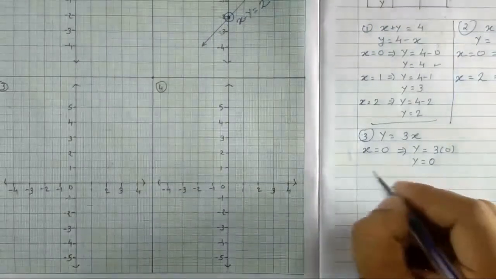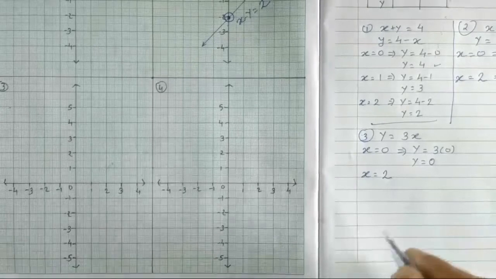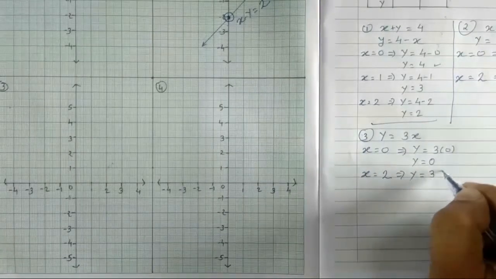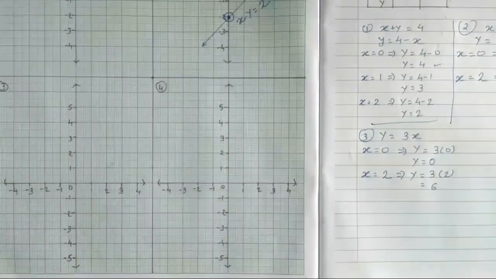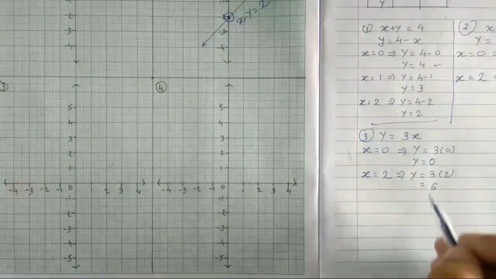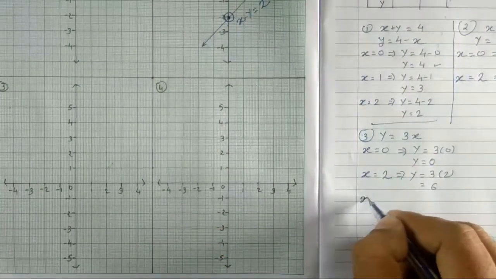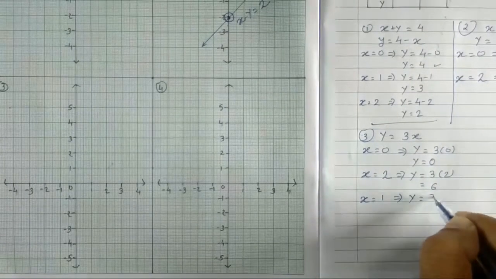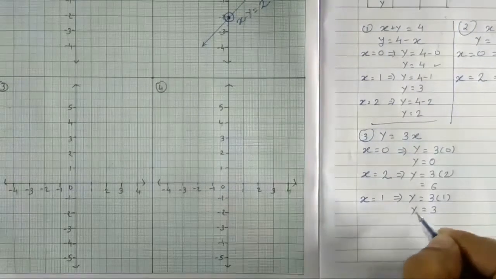Now if x is equal to 2, at that time the value of y is equal to 3 into 2, that's why y is equal to 6. This is a larger value for our graph, so I will take x is equal to 1 here. Then y is equal to 3 into 1, so the value of y is equal to 3.